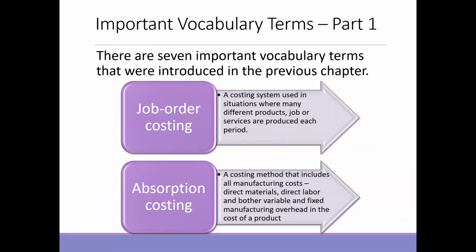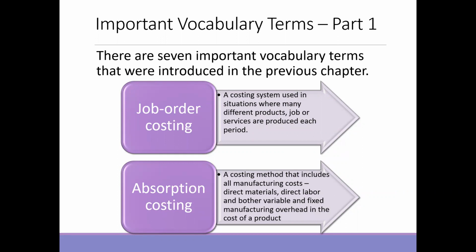But now we're going to compare job order costing to what is now the term absorption costing. So we're going to learn some new vocabulary today. Job order costing, we know from last week, is a costing system used in situations where many different products, jobs, or services are produced each period.